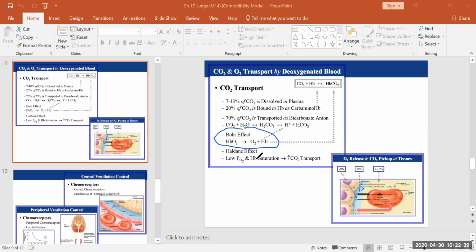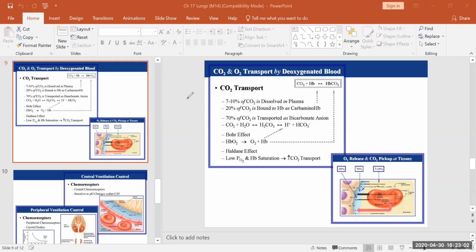So it makes sense when you think about it. At the tissues, CO2 is always higher from the tissues than in the systemic capillaries. So if that's the case, it induces the gas exchange, oxygen will go to the tissues, CO2 will go to the red blood cells.